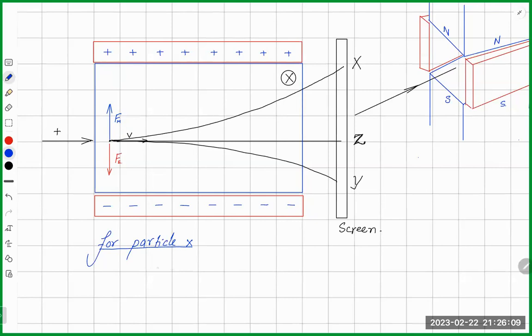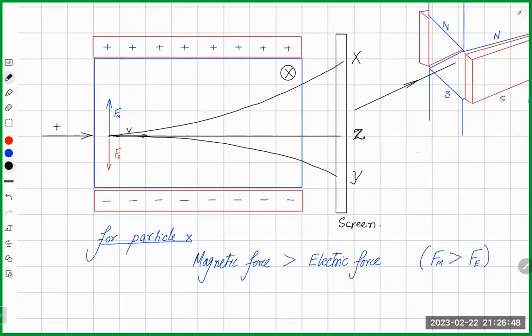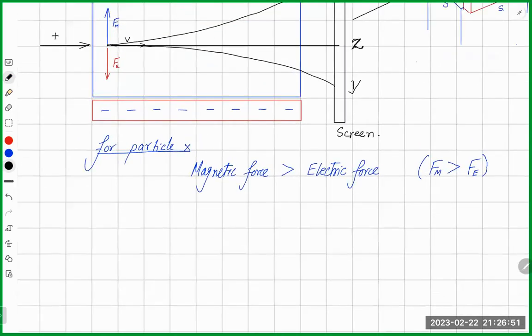So for particle X, magnetic force is more than electric force. Now what about particle Y?